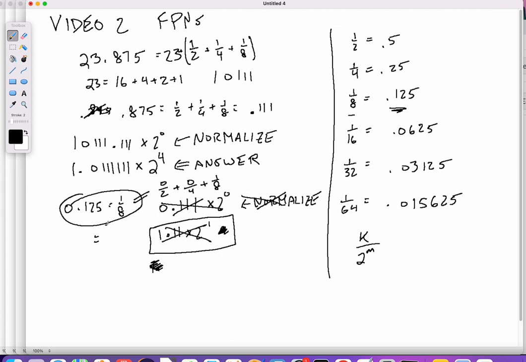Okay, so this is actually equal to 0.001 times 2 to the 0. And now I have some work to do here. So this is equal to 0.01 times 2 to the minus 1, which is equal to 0.1 times 2 to the minus 2, which is equal to 1.0 times 2 to the minus 3.